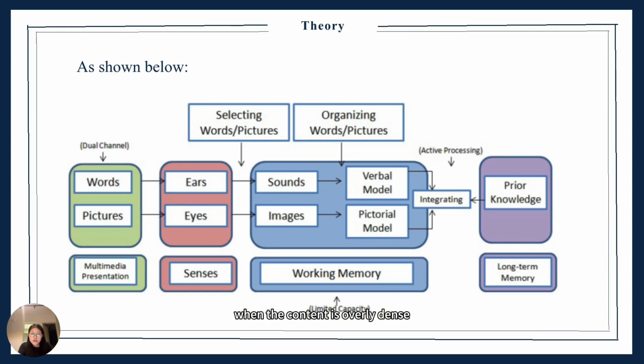When the content is overly dense, the presentation is complex, or the input speed is so fast, cognitive overload occurs, just like a traffic jam on a two-line road during high traffic, directly leading to difficulties in understanding and failure in learning.